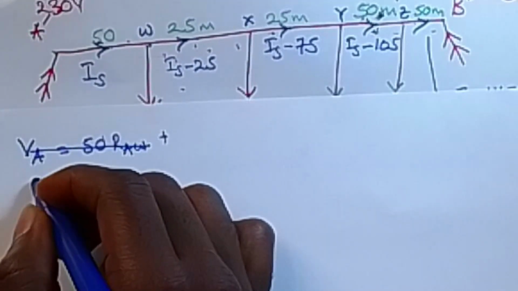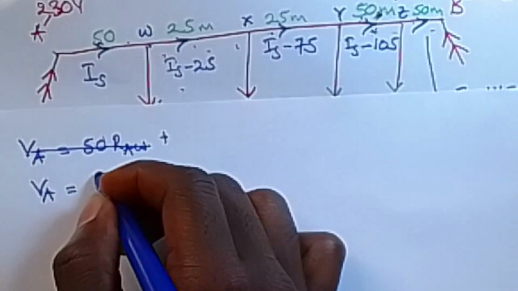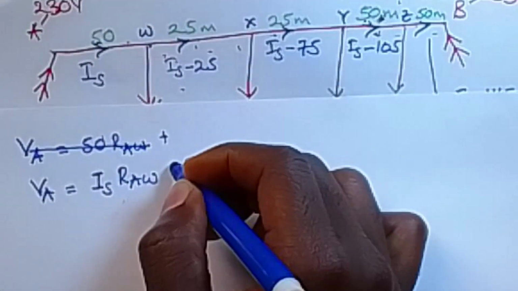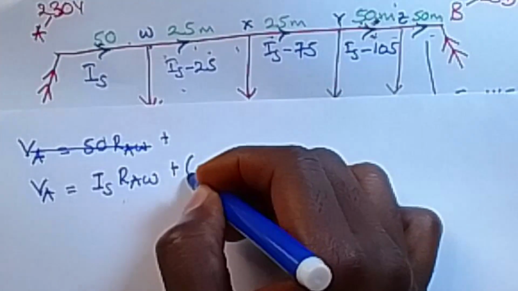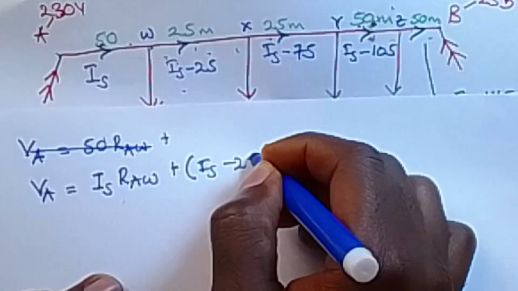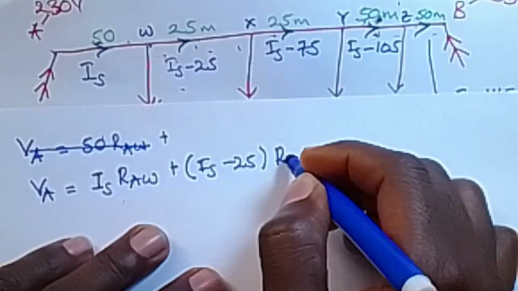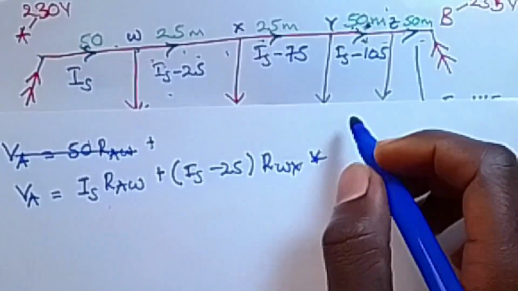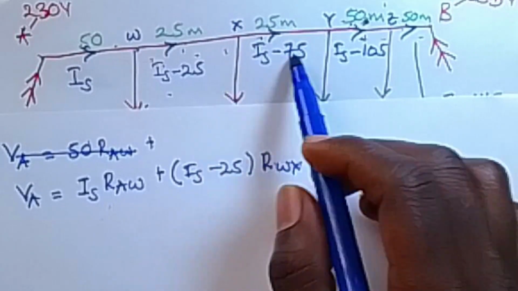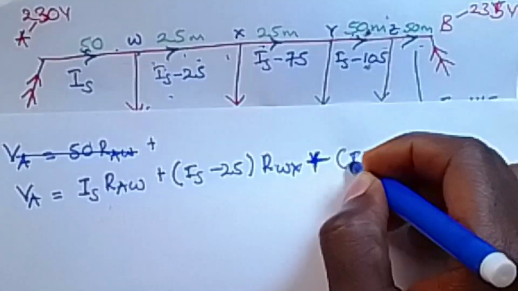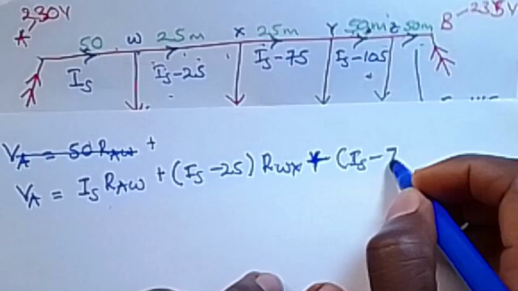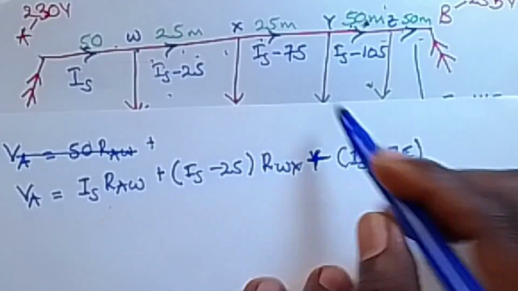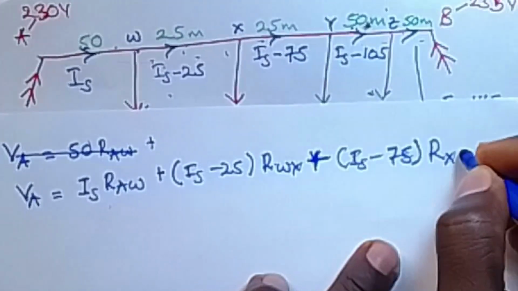So we shall say VA is going to be equal to IS times the value of resistance between there, which is RAW, plus the current flowing there, which is IS minus 25, times the resistance across that section, which is RWX, plus the current flowing through that section, which is IS minus 75, times the resistance across that section, which is RXY.